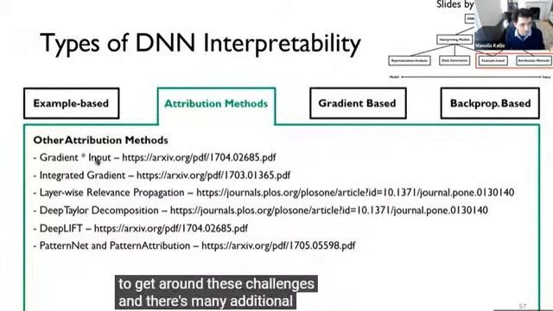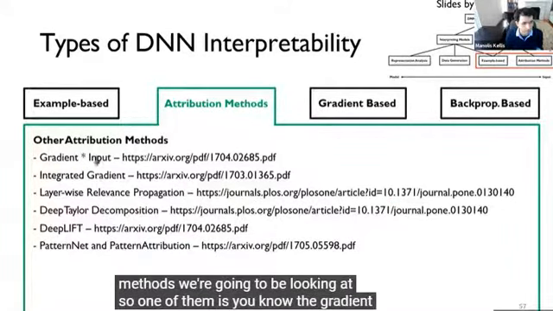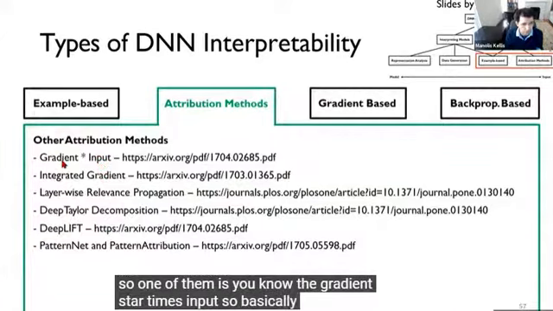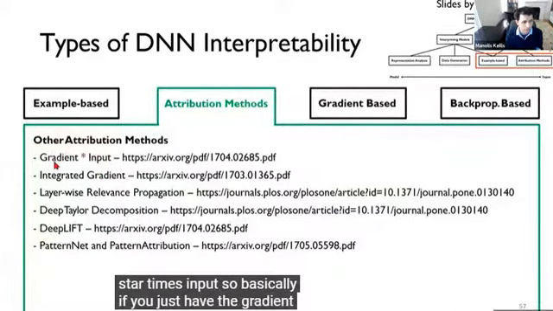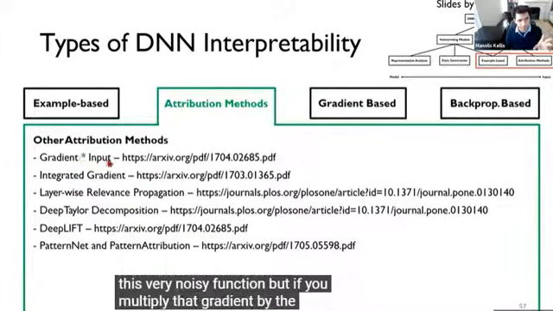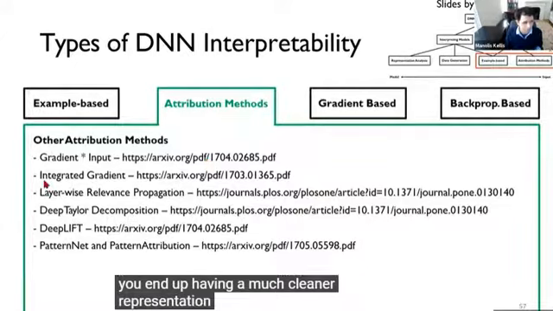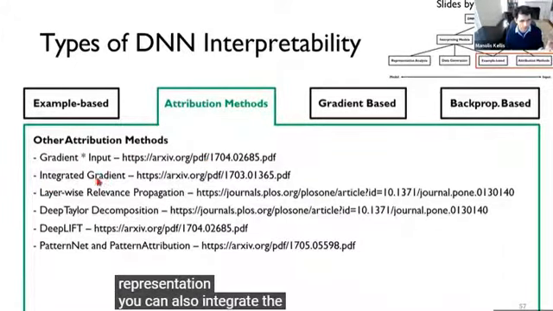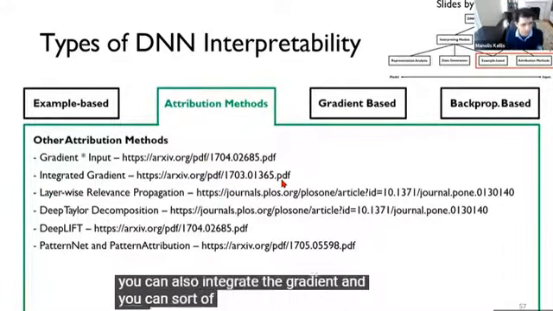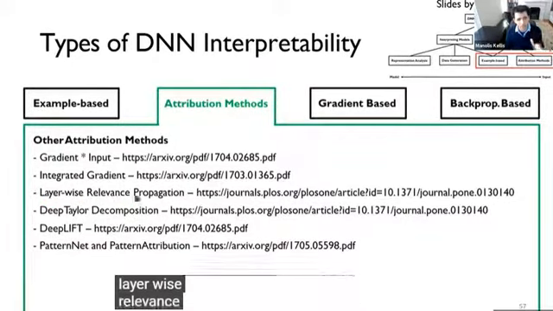And there's many additional attribution methods we're not going to be looking at. So one of them is the gradient times input. So basically, if you just have the gradient, you have this very noisy function. But if you multiply that gradient by the input, you end up having a much cleaner representation. You can also integrate the gradient, and you can read about that there. You can do layer-wise relevance propagation.